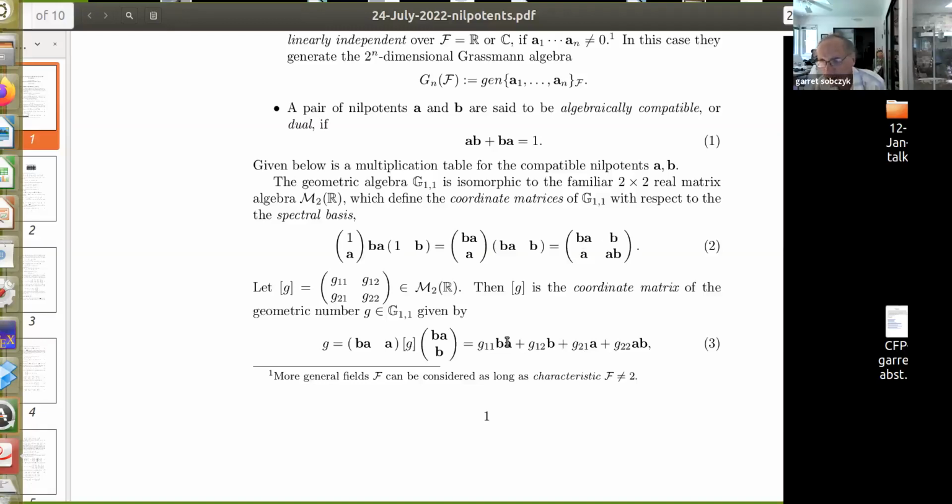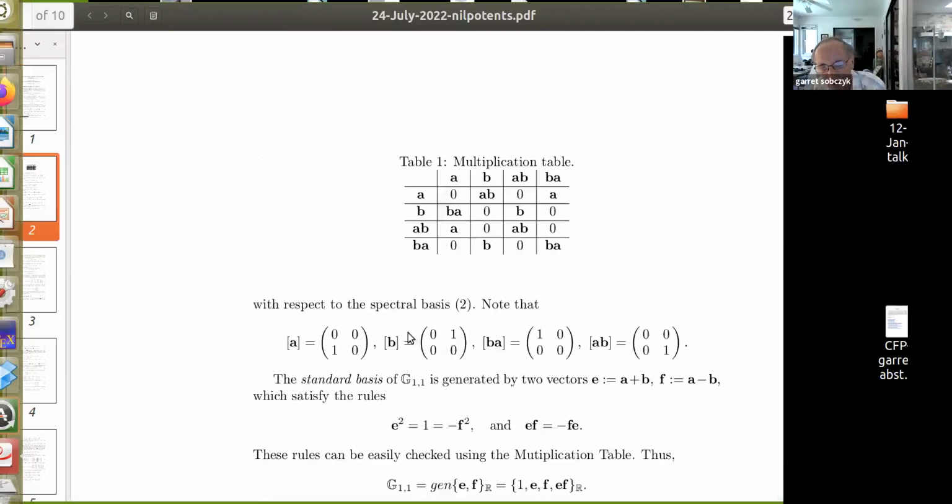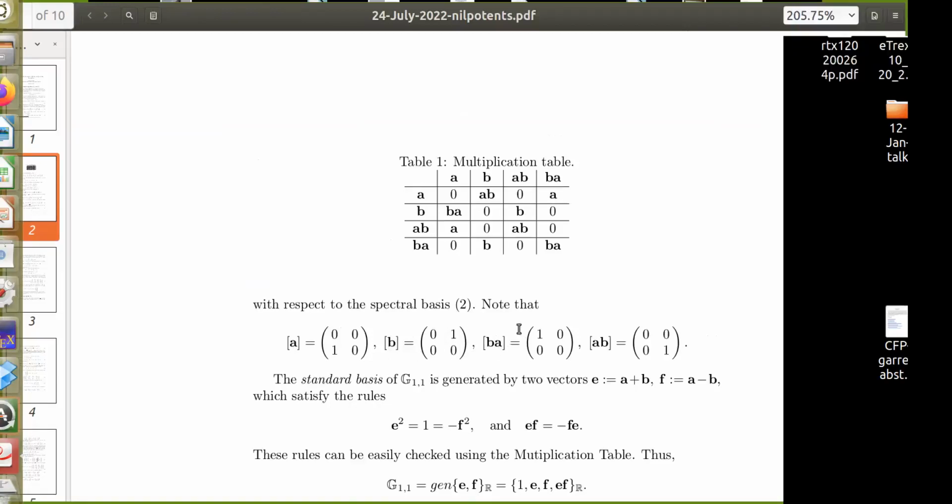Well, BA is a product of two nilpotents, which we have seen is an idempotent. In fact, it's the idempotent corresponding to just the 4 elements of a matrix. A is a nilpotent because the matrix of A has square 0. The matrix of B has square 0, right? It's clear, matrix multiplication. Yes, this part's very clear.